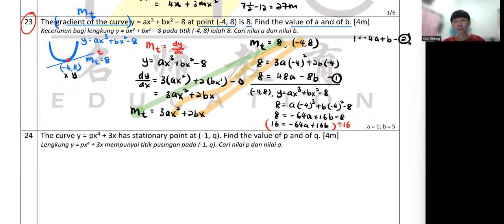Later the b sub into 1. Okay, then open bracket. You can find the unknown a already.